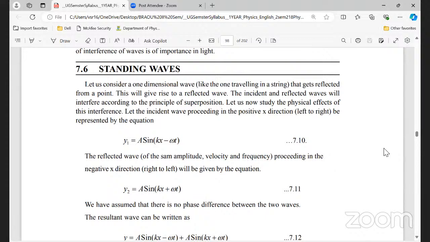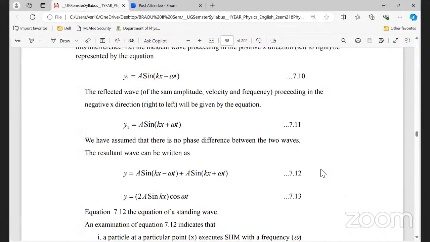Equation 7.10 is the incident wave and 7.11 is the reflected wave, in the opposite direction, the wave reflecting back. So that is to be considered as kx plus omega t. No need to be confused here. This is a sin(kx minus omega t), the incident wave, and this is a sin(kx plus omega t), the reflected wave.